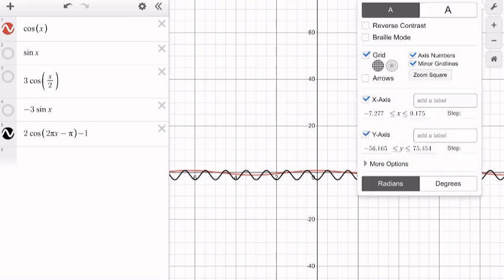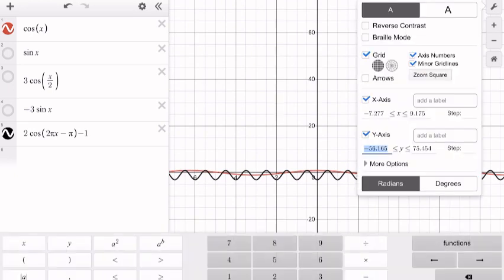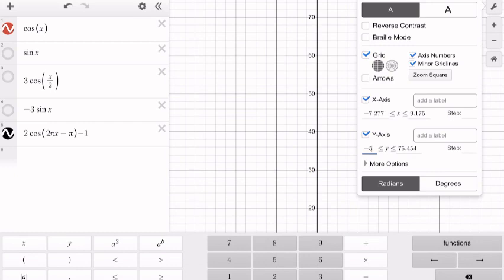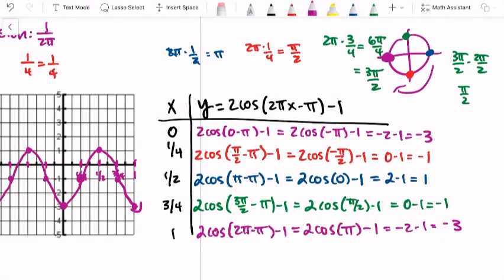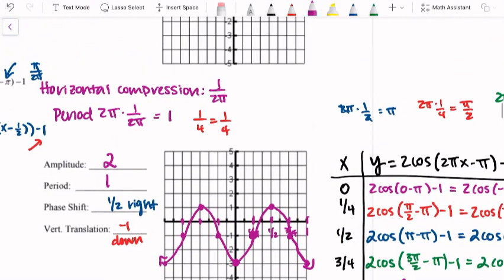Let's change our y-axis to -5 to 5. There's our negative cosine. That's what we just graphed. We have a lot of stuff going on, a high frequency. Okay, so this is graphing our sinusoids. We're going to do more with this in class, but I will see y'all later.